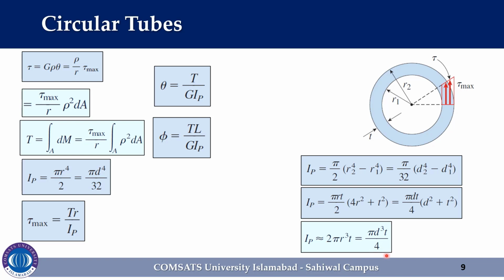Now we will discuss the shear stress distribution in a tube, as already shown in the figure. From the figure we see that the average stress in a thin tube is nearly as great as the maximum stress.